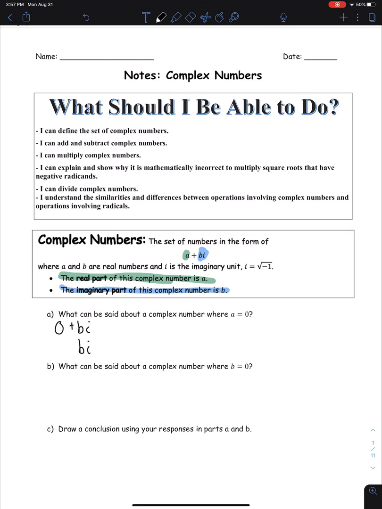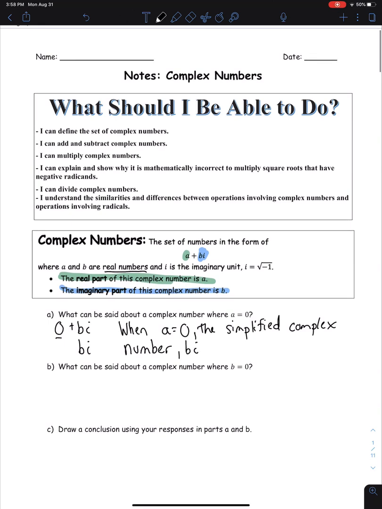And is 0 a real number? Yeah, it is. So that's fine. So what can you say about it if a is 0? Well, that's just an imaginary number. So when a is equal to 0, the complex number bi is what kind of number?